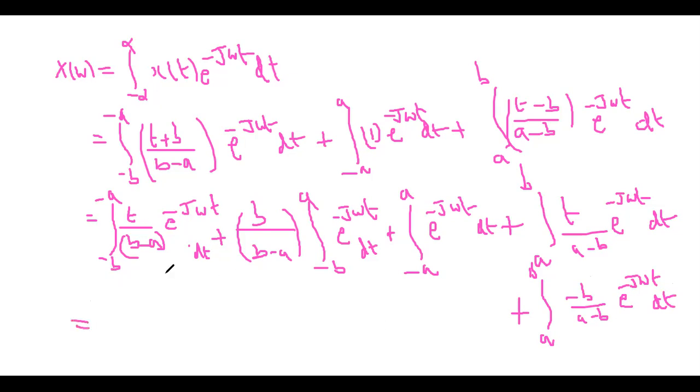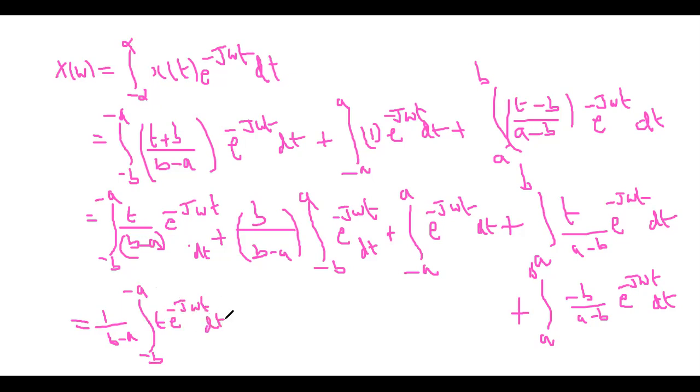That is equal to, now it is a t into e power minus j omega t, 1 by b minus a, only the common term here. Okay, the integral with the t into e power minus j omega t, you can apply here integration by parts. And for this, there is no integration by parts, directly you can substitute this one. So integral minus b to minus a t into e power minus j omega t dt.